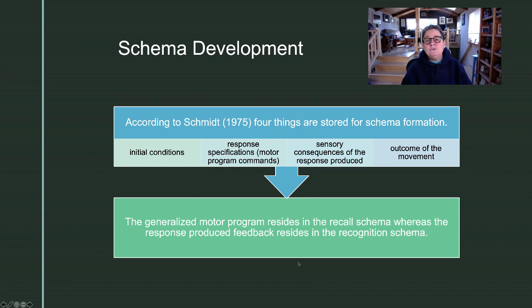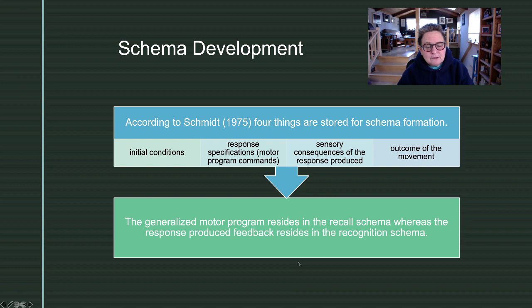Well, once you do have movement, you have a set of sensory consequences that are associated with that movement. And that would be the sensory consequences of the response-produced feedback. That would be the proprioception we've talked about. And then finally, what is the actual outcome of the movement? Did you achieve the goal? Did you not achieve the goal?